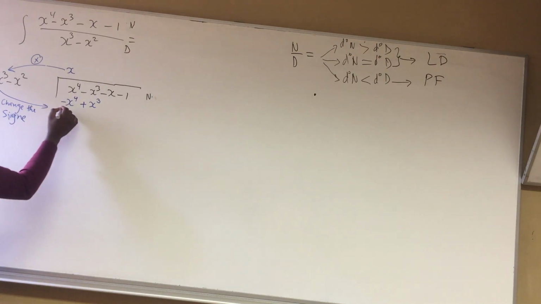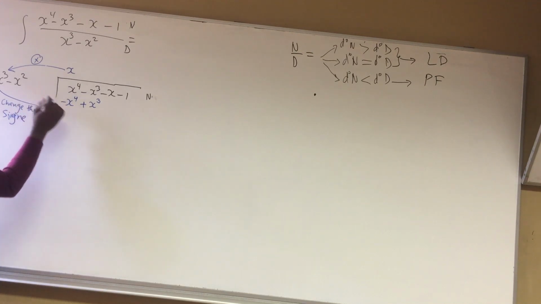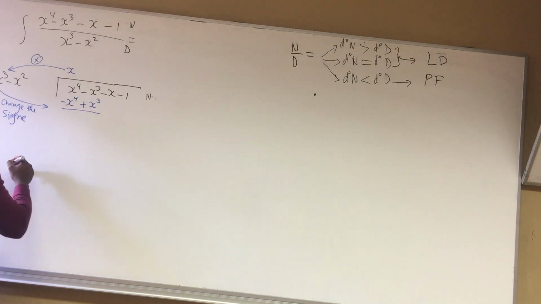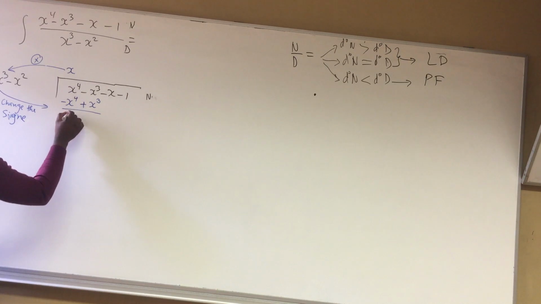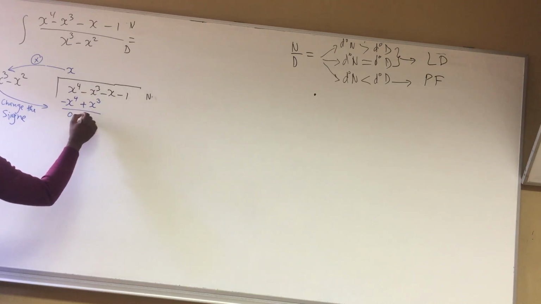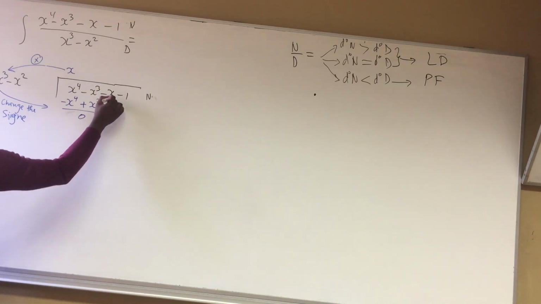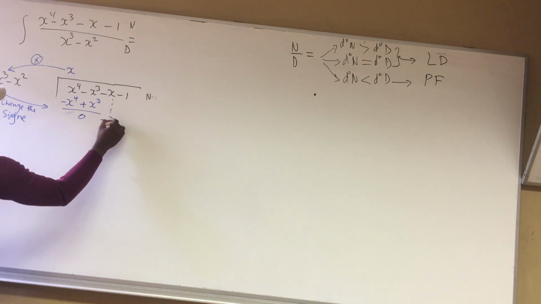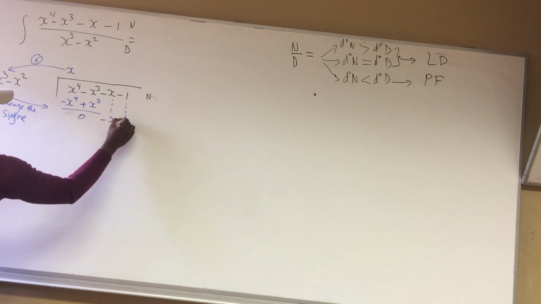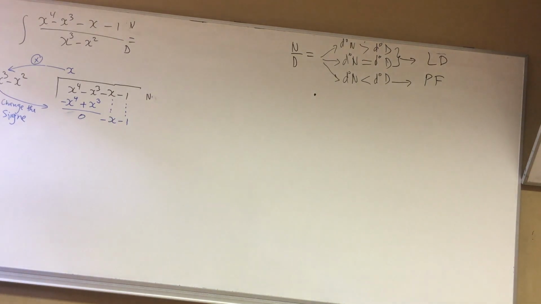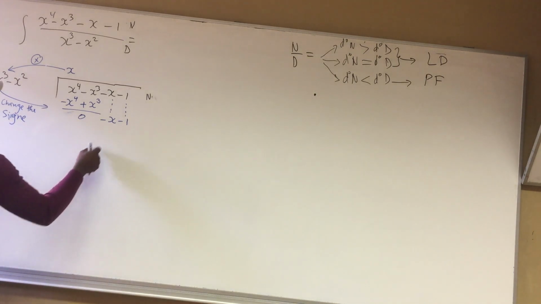Alright? There's nothing else here, so I have to compute this. If I compute this, it gives you 0, and this and that gives you 0. I take this one down, x. So you're going to check again.